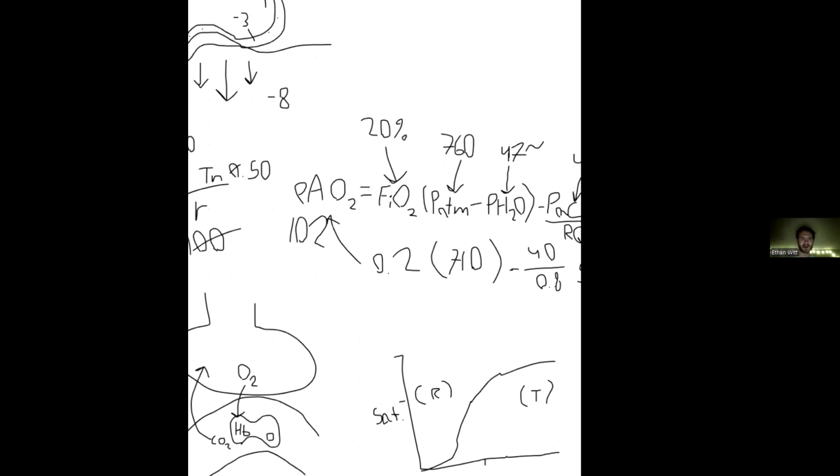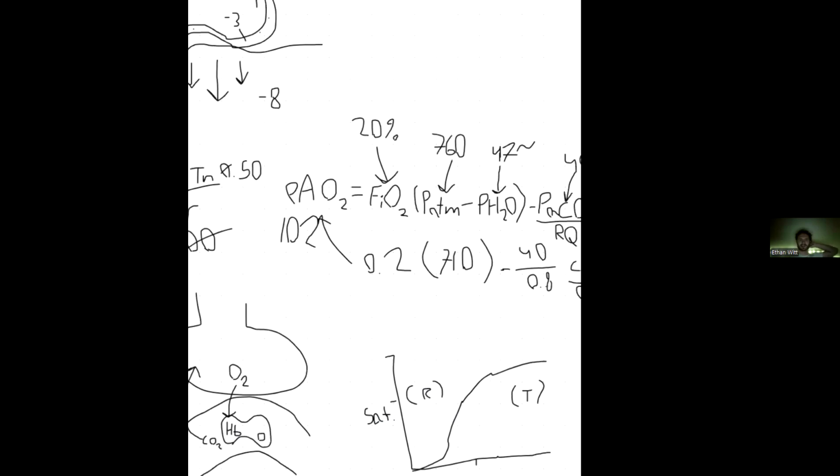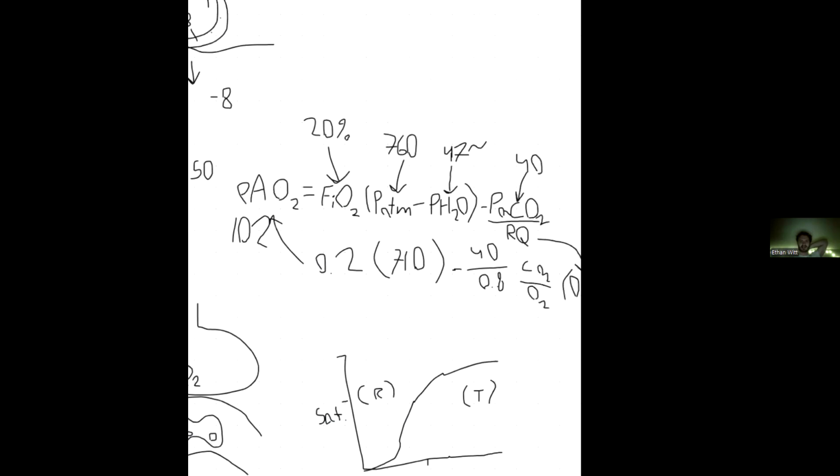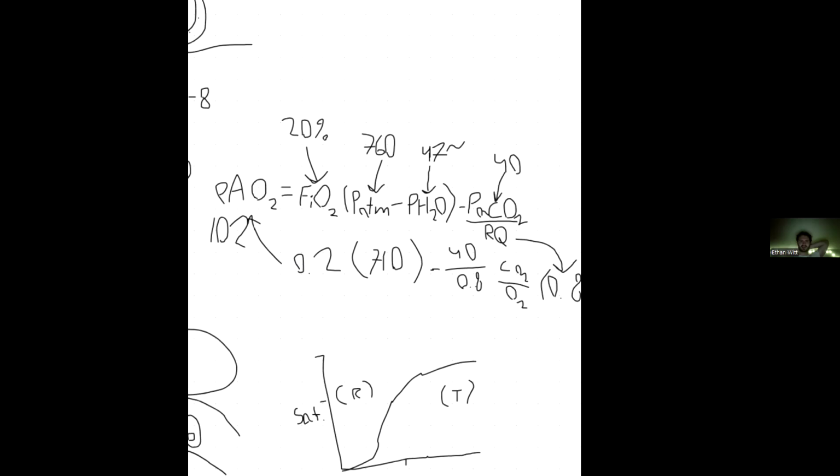So the reason why it's important to understand this alveolar gas equation is because it helps us to know what's going on in our lungs and how well all of these gases are being exchanged.